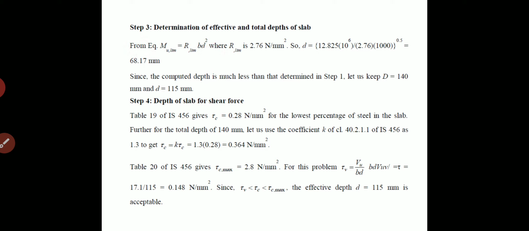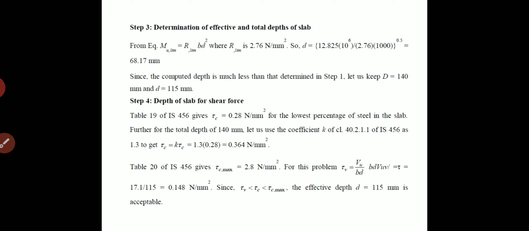Then d equals 12.825 into 10 to the power 6 divided by 2.76 into 100 into 1000, and then all to the power half, the square root.